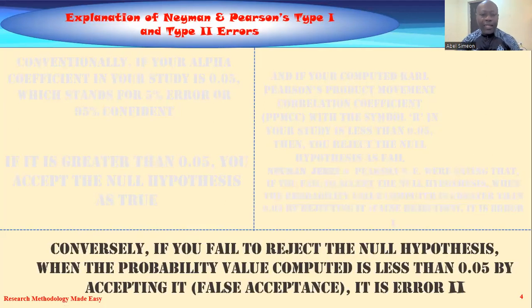On the other hand, you are supposed to reject the null hypothesis because the p-value is less than 0.05, which means your confidence level is less than 95%, but you did not reject, and went ahead to accept the null hypothesis. This acceptance, they call false acceptance, type 2 error.